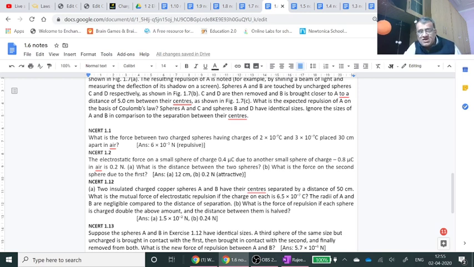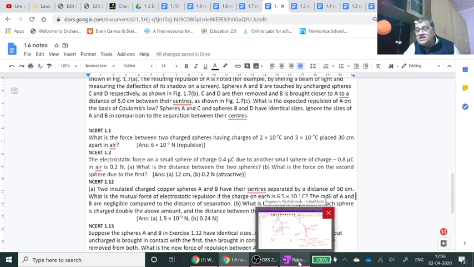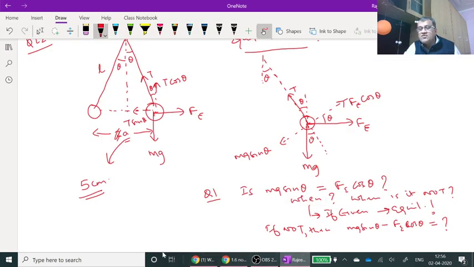So for today's class, I have moved on to a little better quality of questions, taken from H.C. Verma. So mg sin theta and Fe cos theta can be equal when it is given that they are in equilibrium.